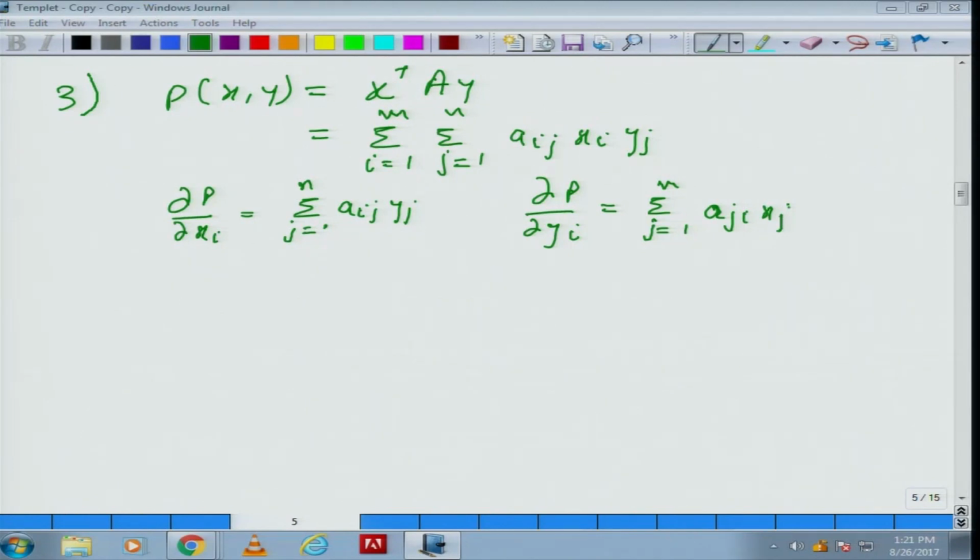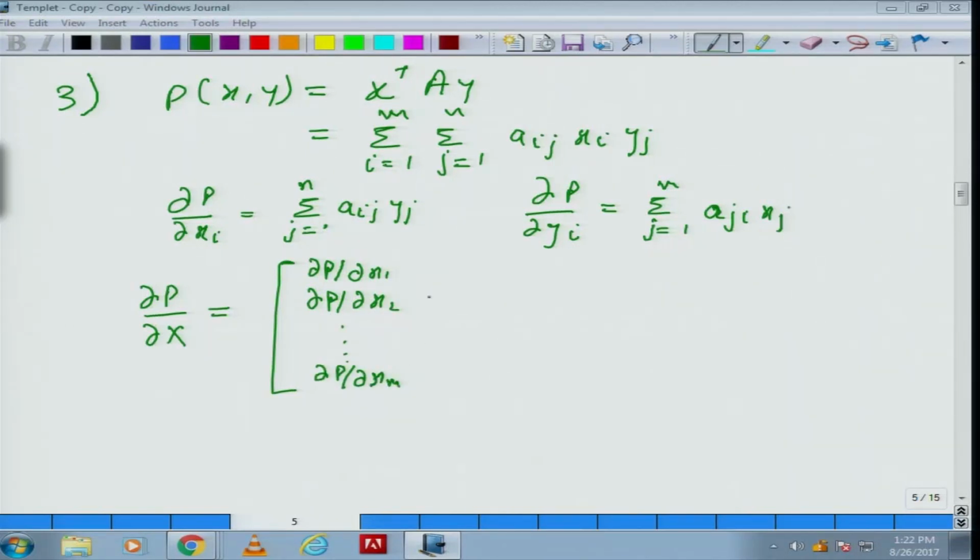Now next we need to calculate the gradient, that is del P by del X. This can be written as del P by del X1, del P by del X2, and so on up till del P by del Xm.